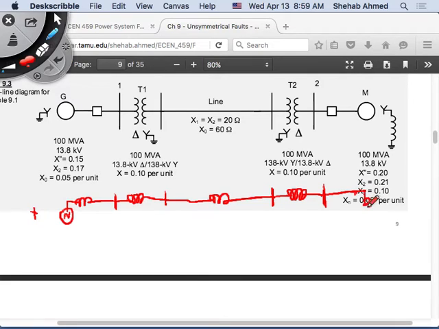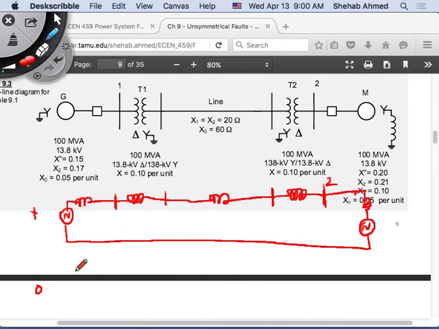So I will consider its impedance, and I will consider its voltage because they told me the pre-fault voltage is 1.05. And this is bus 2. Negative sequence circuit will look exactly the same, except for what? I will not have these sources. Exactly the same, but I will just not have these sources.